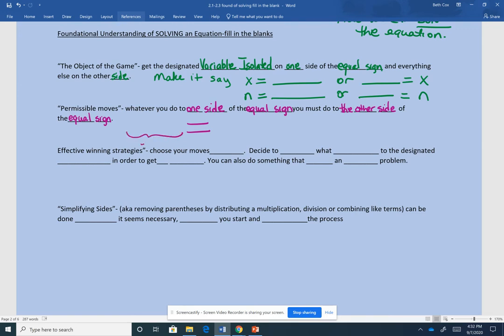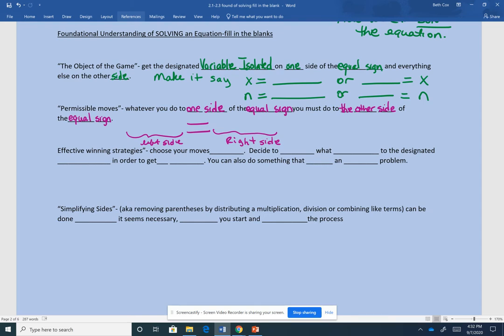This is the left side, and this is the right side. And whatever you do to the left, you also do to the right. Okay? You can add a number to both sides. You can subtract a number from both sides as long as it's the same number. You can multiply the left side by a number, but you'd also have to turn around and multiply the right side by the exact same number.